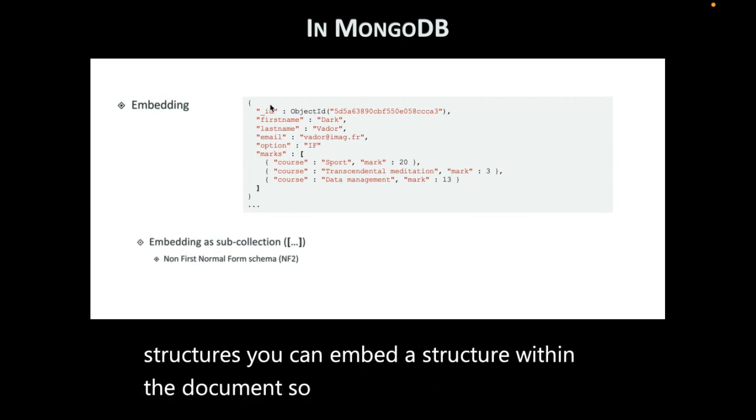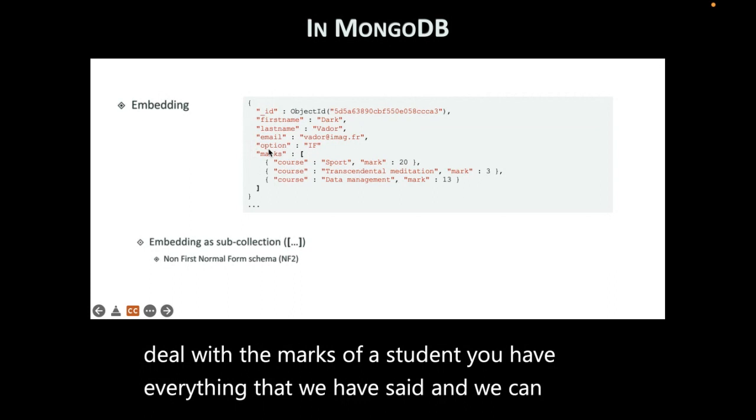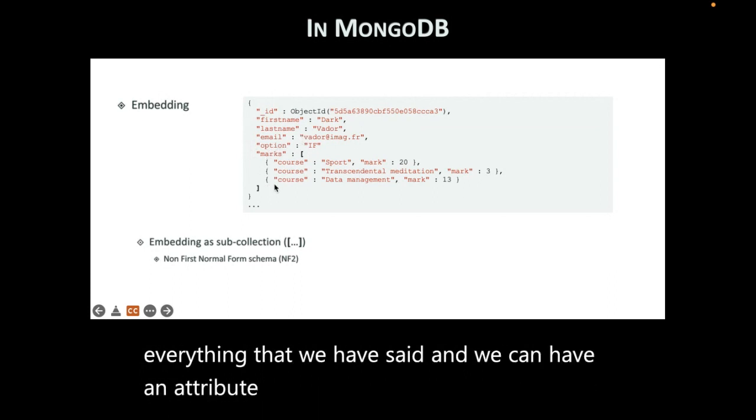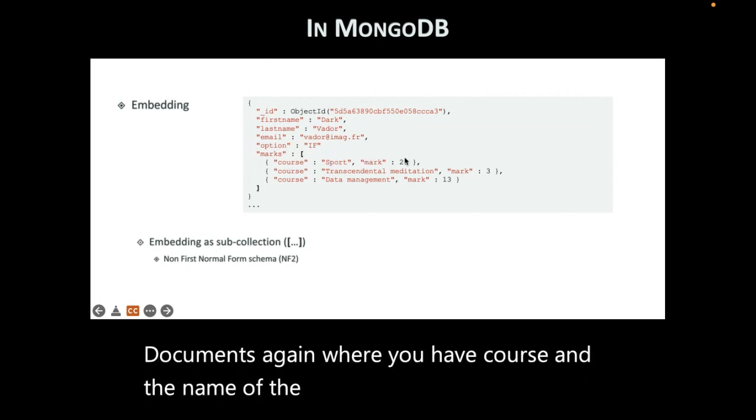So for example, if we want to deal with the marks of a student, you have everything that we have said, and we can have an attribute marks, which is a collection of documents again, where you have course and the name of the course and the mark of the course.